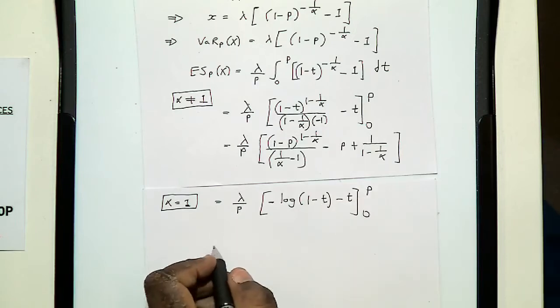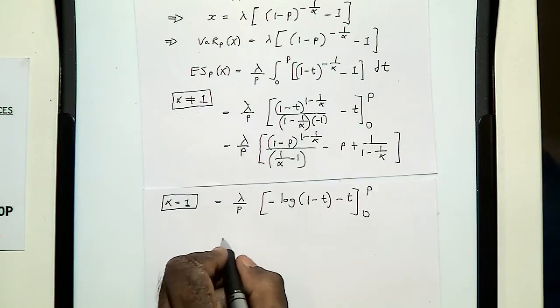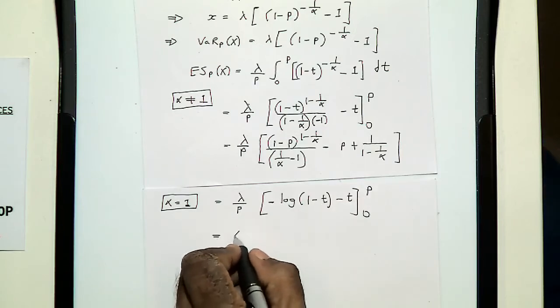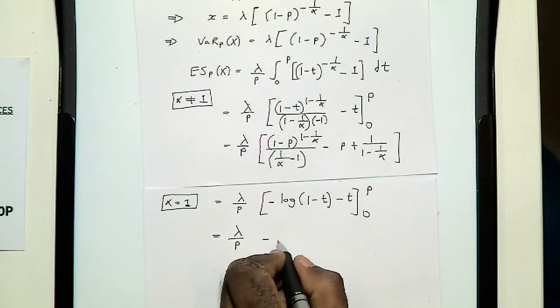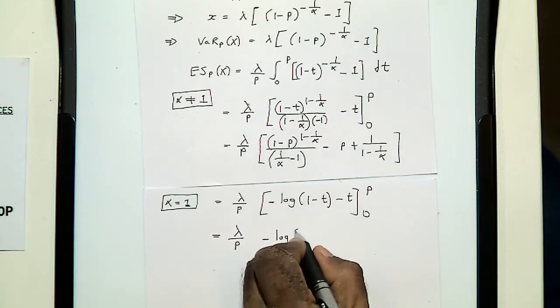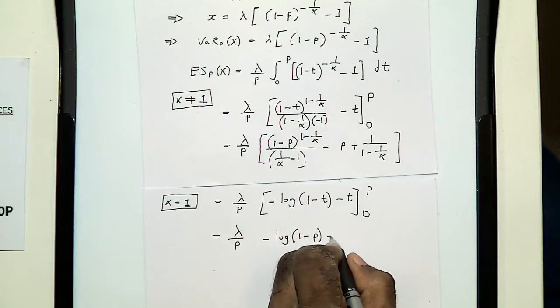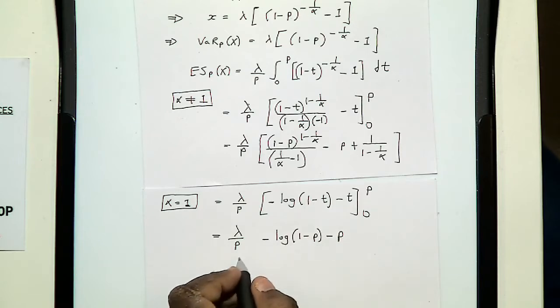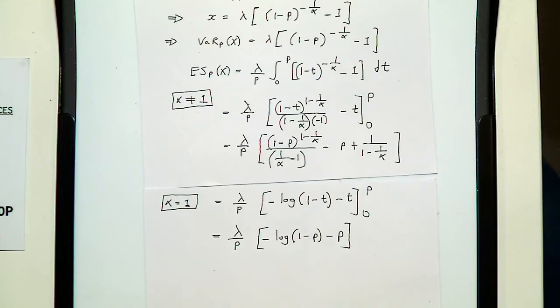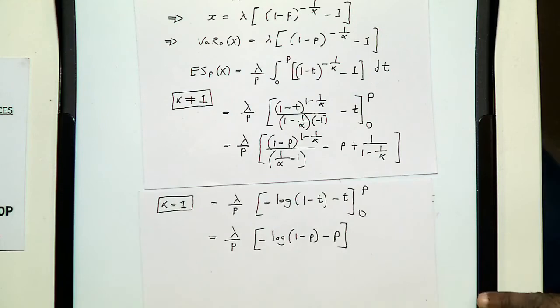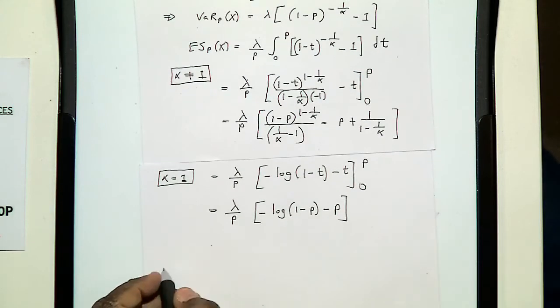If you take the limit at p, you get minus log of 1 minus p, minus p. The limit at 0 is 0. Okay, is that right?